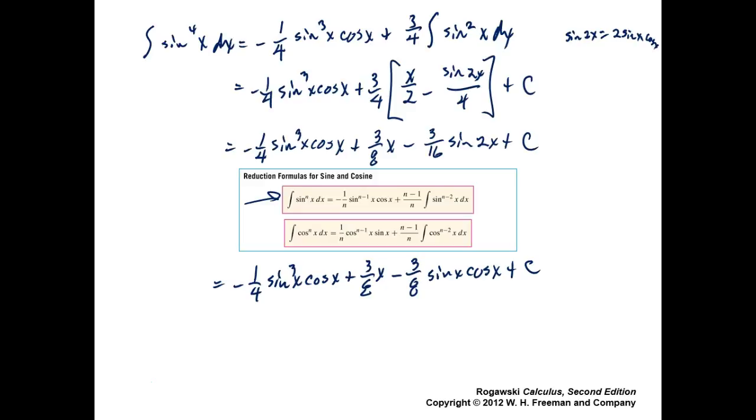And then they also have in the margin later down the page what we've just done. Integrating sine mx cosine nx. If either one of those is odd, then we've already dealt with how to do it.